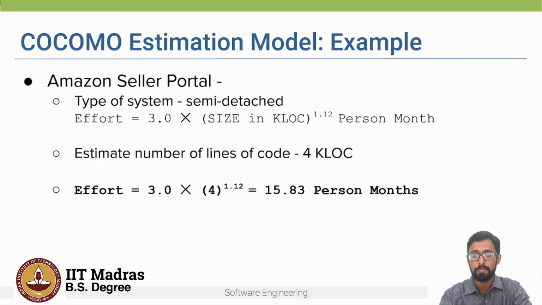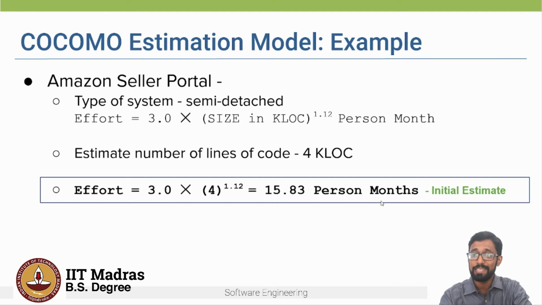So what does this mean? This is our initial estimate. We require around 15.83 person months, that is, around 16 people working full time can finish this project in 1 month.